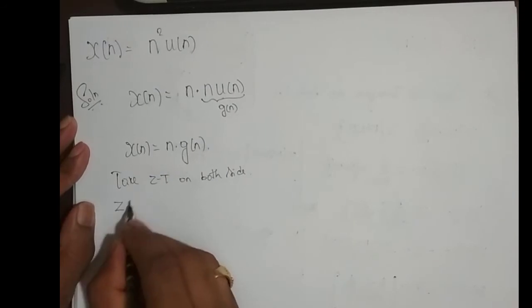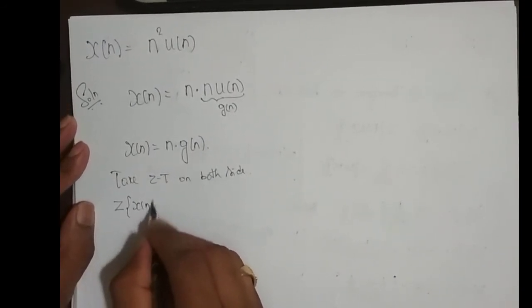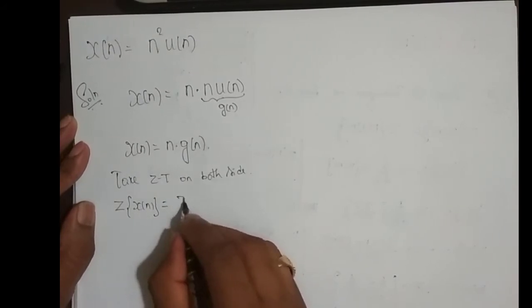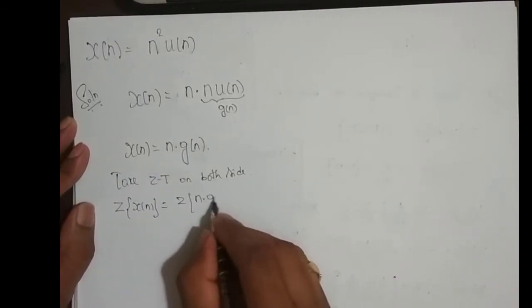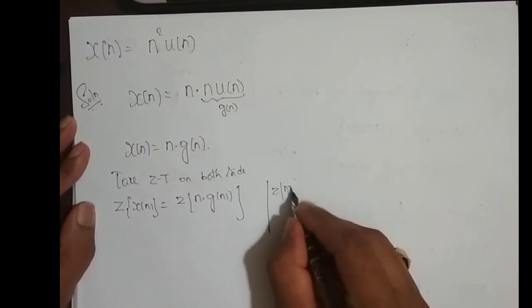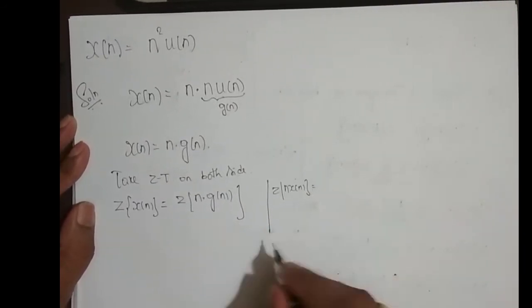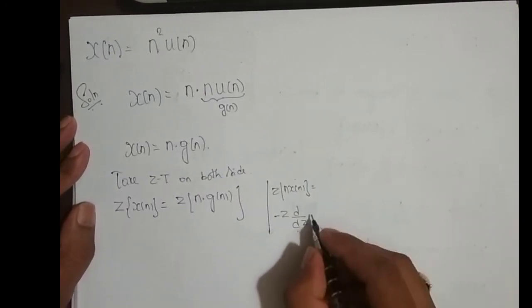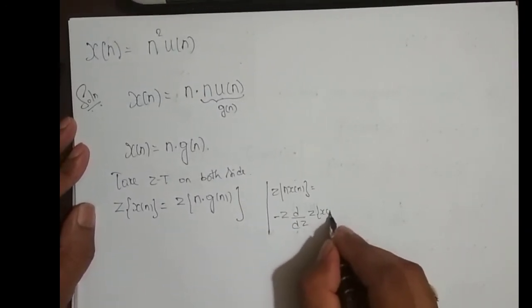So what do I get? Z transform of x of n is equal to Z transform of n into g of n, right? So what is Z transform of n into x of n? Which property is this? Multiplication by ramp, right? So it is minus z into d by dz of Z transform of x of n, right?